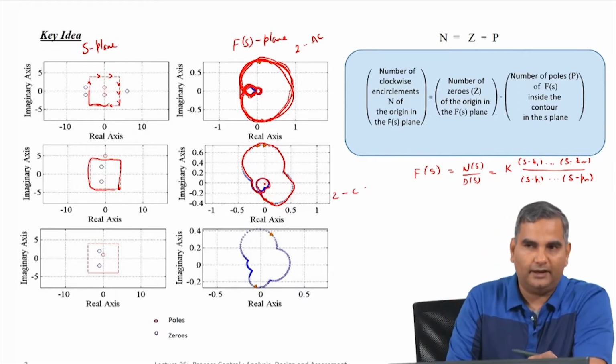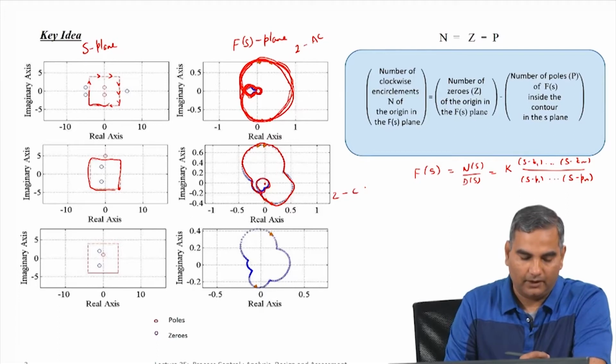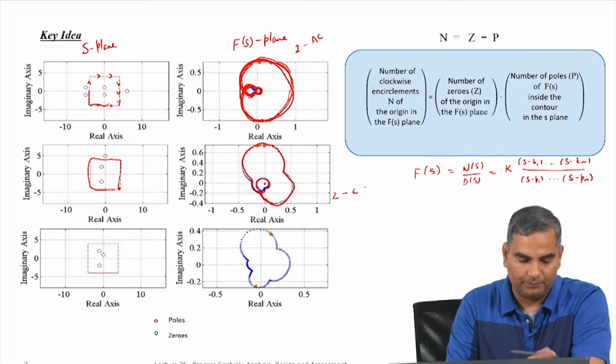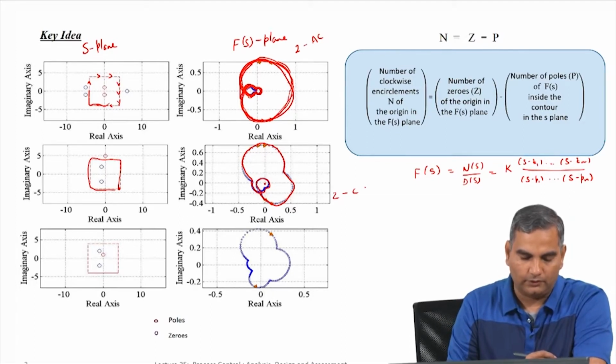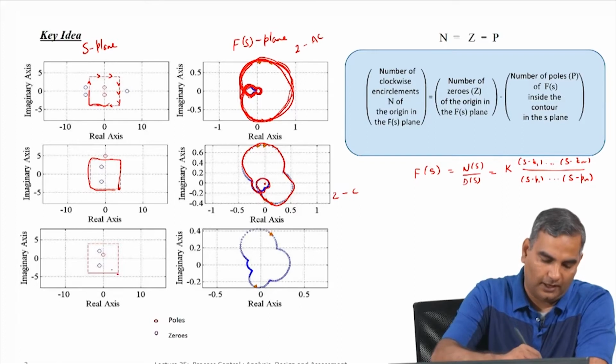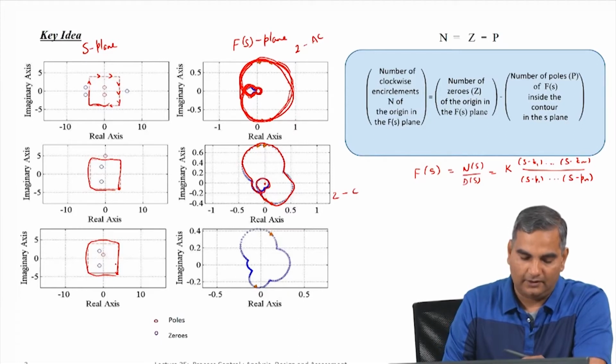Okay. Let me take a third example and then see this, and then we will bring all of this together in terms of the major result. Okay. So, now it is another f of s. This time I have 1 pole and 2 zeros, and let us say I do the same clockwise encirclement in the s plane, and I want to look at what happens in the f of s plane.